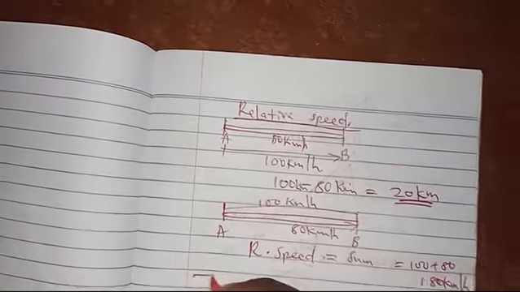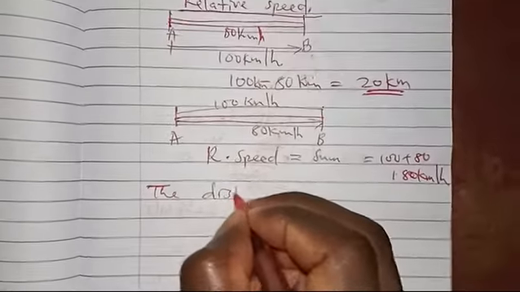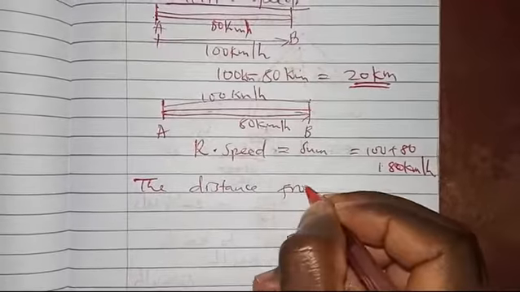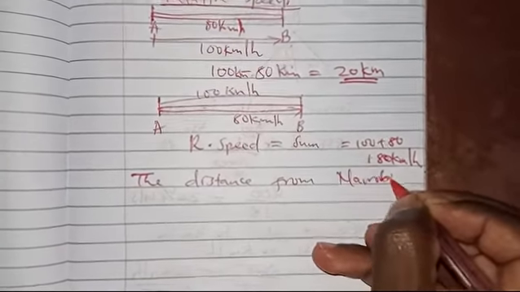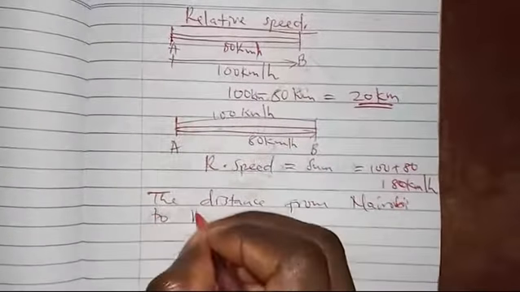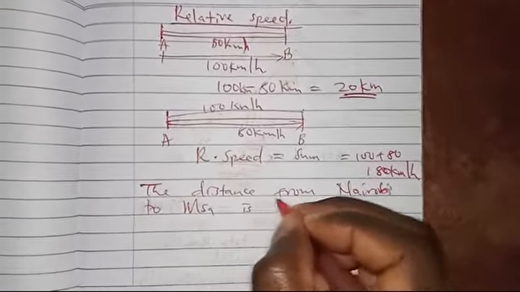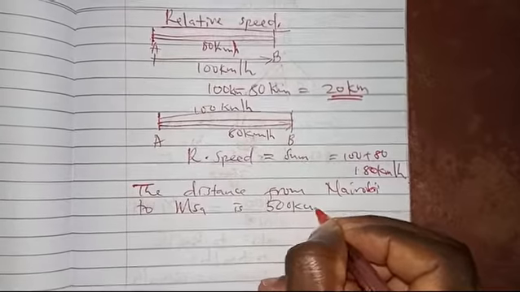The distance from Nairobi to Mombasa is 500 kilometers.